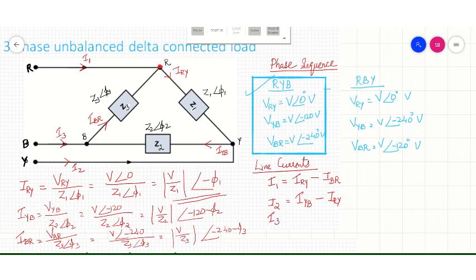Similarly, if we apply Kirchhoff's current law to terminal B, we can write I3 equal to IBR minus IYB.